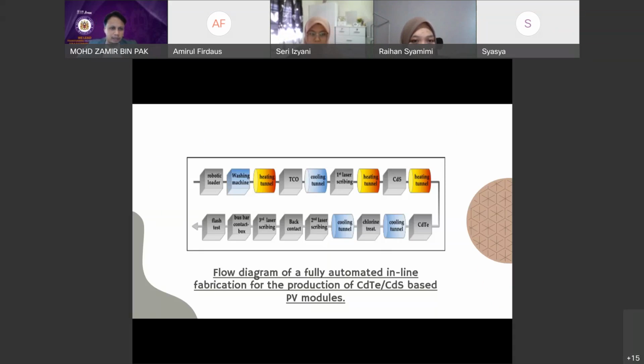The first one is after the washing machine, so that must be to dry the glass before TCO deposition, because you don't have defects just yet, as there are no layers to begin with, it's just glass. Then you have the second one after the first scribing, and the third one after the cadmium sulfide.